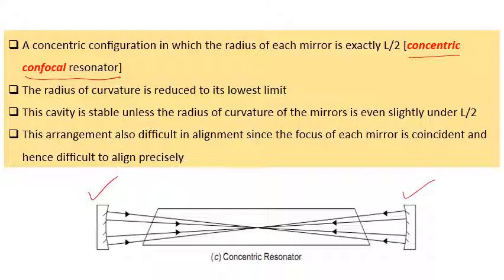Both the mirrors focus the light at the center of the lasing medium, at the center of the separation between the two mirrors, L by 2. So what is L? L is the length, the separation between the two mirrors. So L by 2 means half.